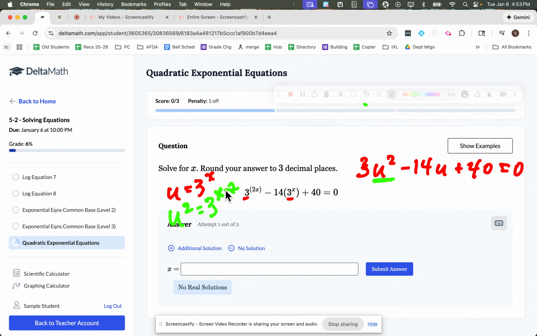Well, I wrote x times 2, but it's the same as saying 2x. That's exactly what this is. So I'm good. And u being 3 to the x, this next part, that u shows up right here. It's negative 14u. Well, u is 3 to the x. I should be saying 3 to the x. It's 3 to the x.